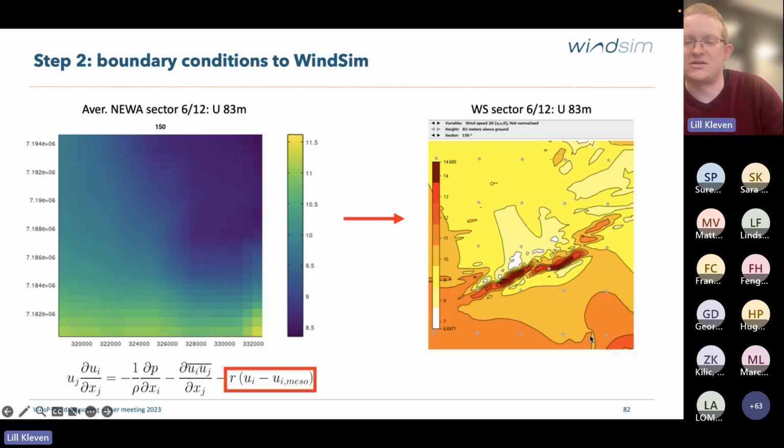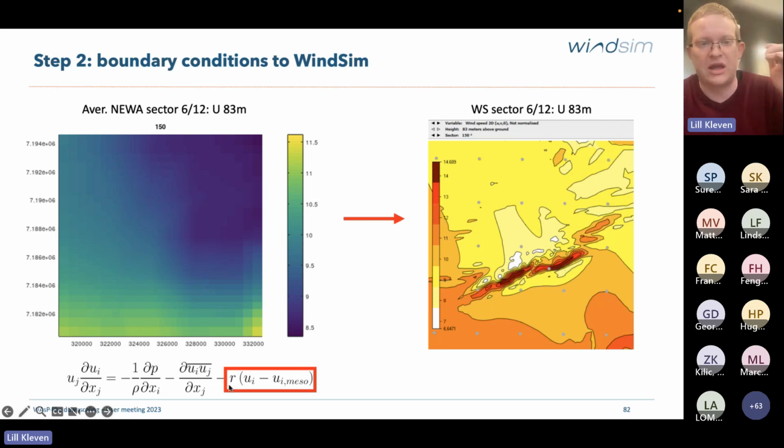And when you compare these two fields, you can see that they have a lot of similarities. So you have low wind speeds in the northeastern corner, high wind speeds in the southeastern corner, and so on. But what you don't see, obviously, in the mesoscale simulations is the high wind speeds at the Hundamer mountain.